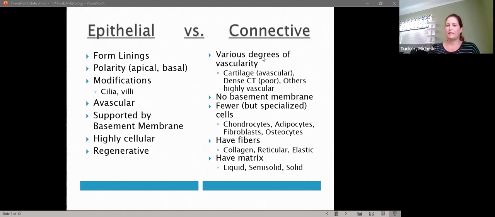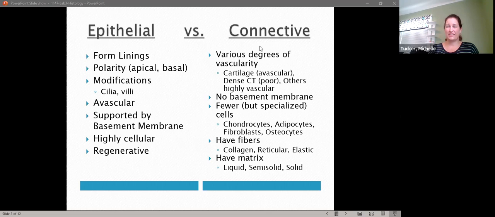Connective tissues are the catch-all category. If you're not an epithelial tissue and you're not muscle tissue and you're not nervous tissue, then you are a connective tissue. So connective tissues are a diverse category of tissues.